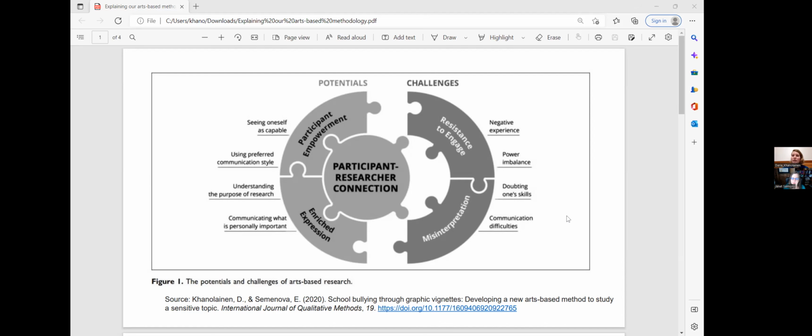I created them myself, because my undergraduate degree was in arts and art education. That background helped me. But if a researcher is starting out and doesn't have any background in art, they might want to collaborate with somebody who has those artistic skills.